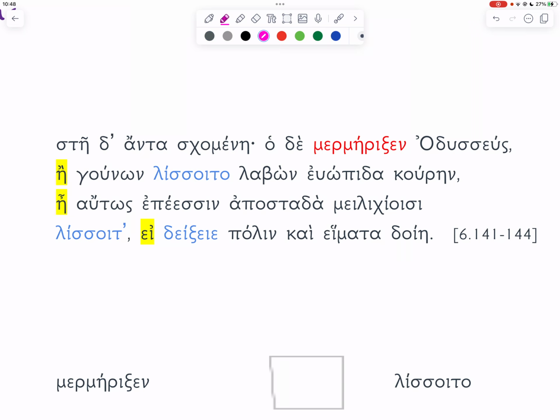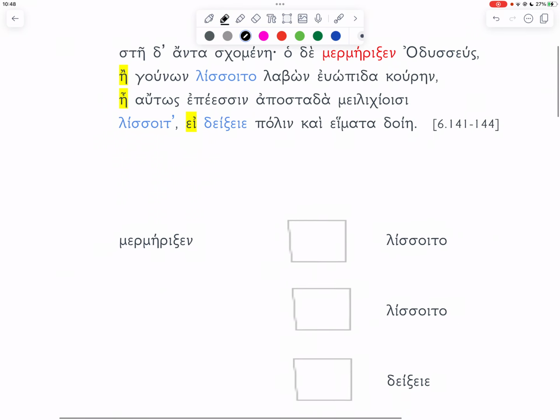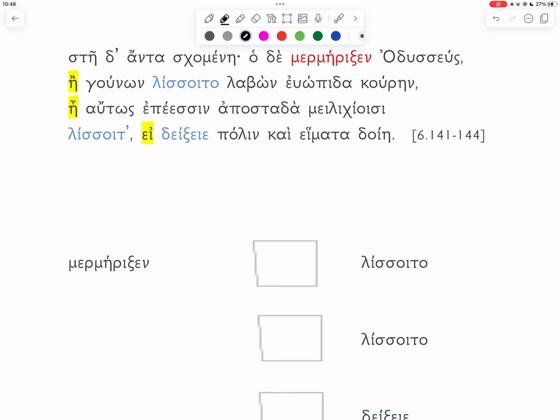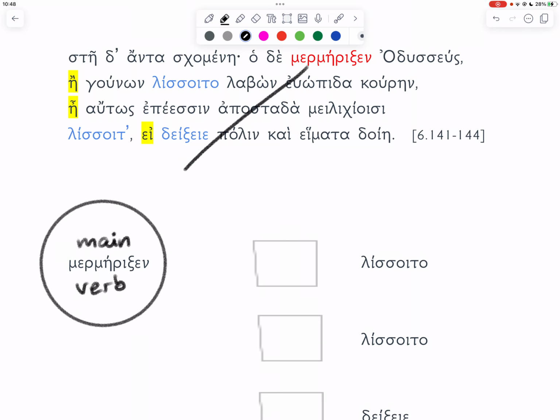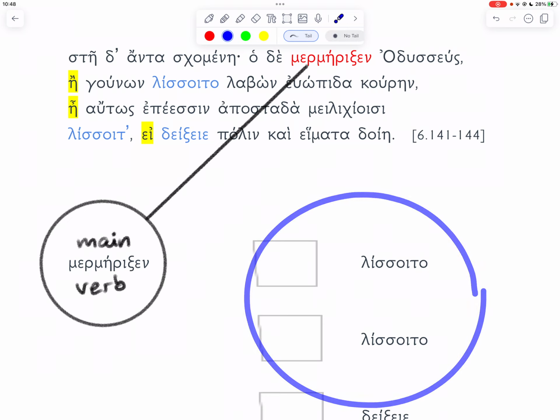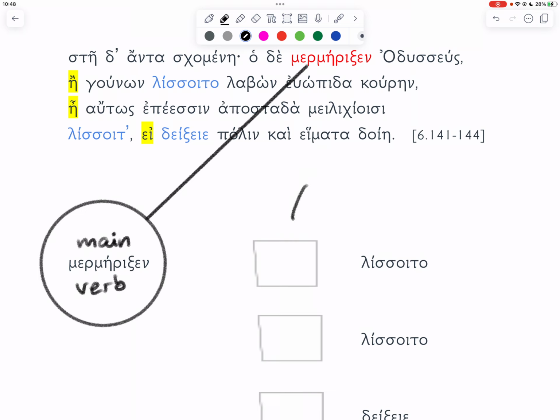So let's go down to the boxes down here so I can just talk about that a little more. Remember, in this first line, the main verb is the verb that's going to control the optative verbs, which I've put over here. What we're going to write in this box is the introductory word that tells me I'm getting an optative coming up.